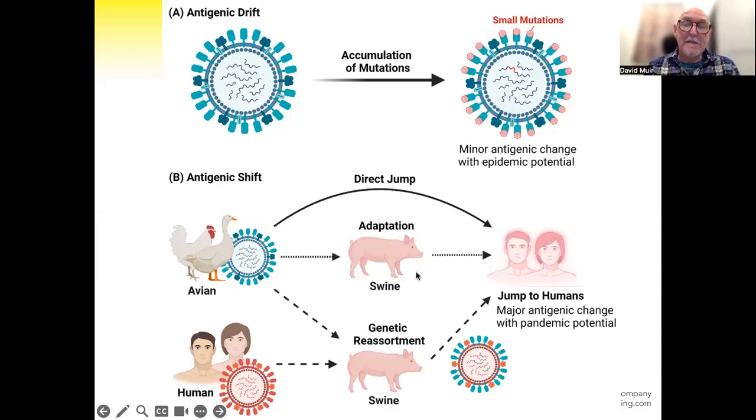However, here's the big problem. Remembering that the genome is cut up into 8 pieces, there is a possibility for influenza to infect poultry, pigs, and humans. And when they do so, there is a possibility, let's say, that there are two different flu strains.